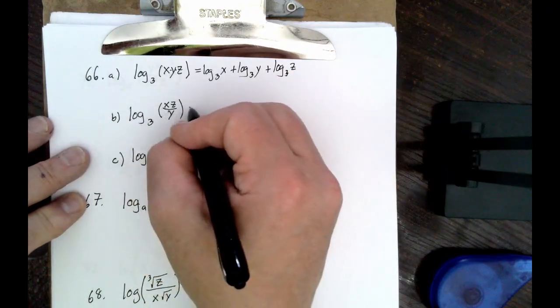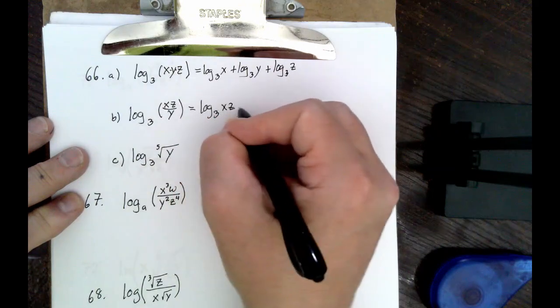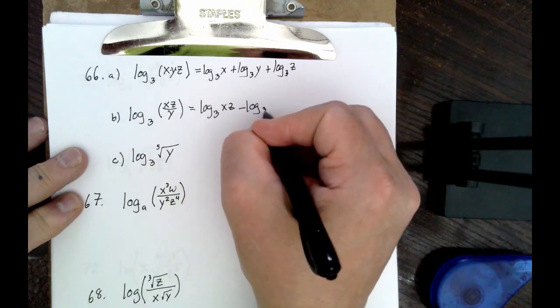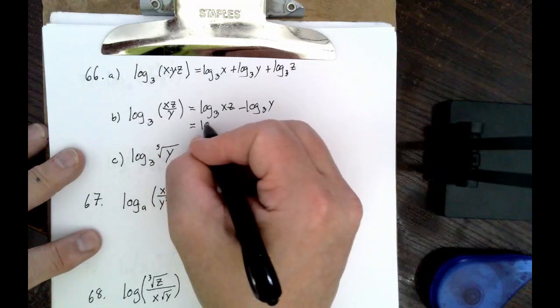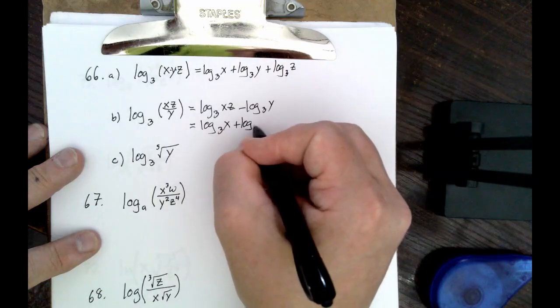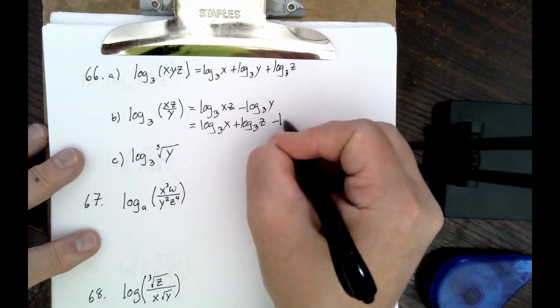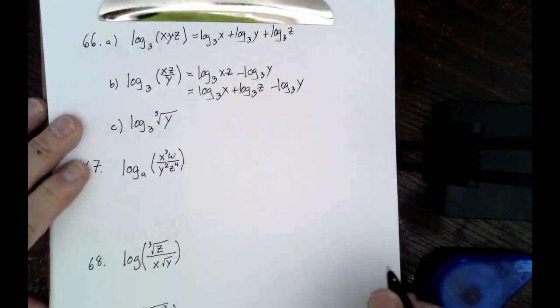This first part is division, so it breaks up into subtraction. But this multiplication breaks up into addition. That's as far as you can go with that one.